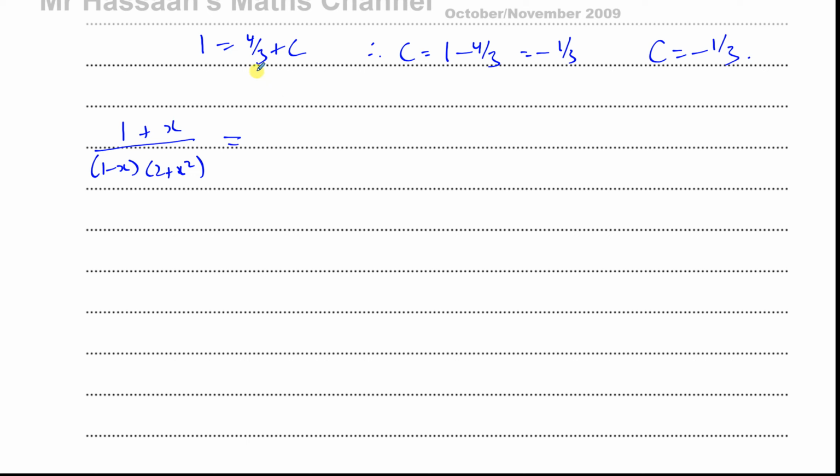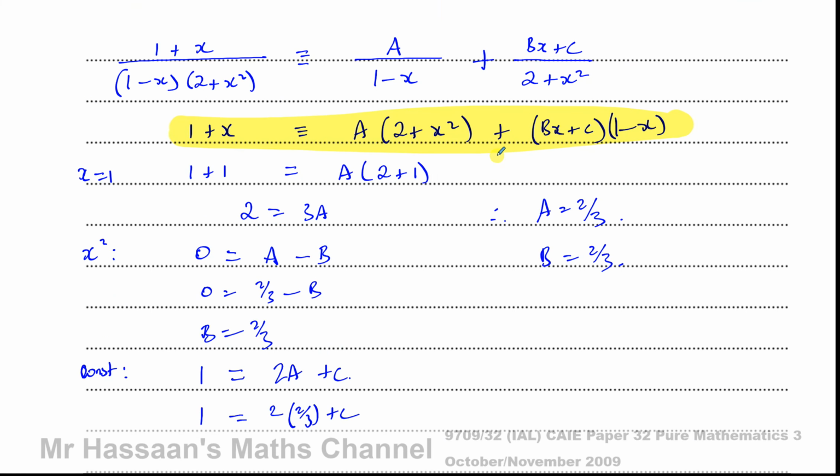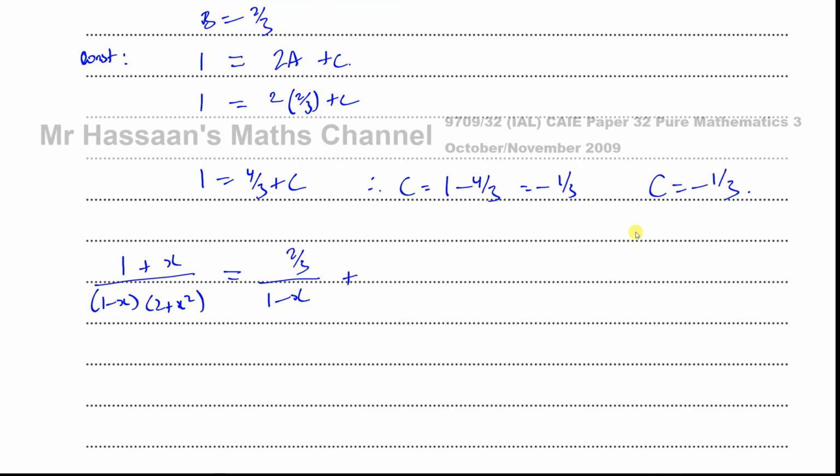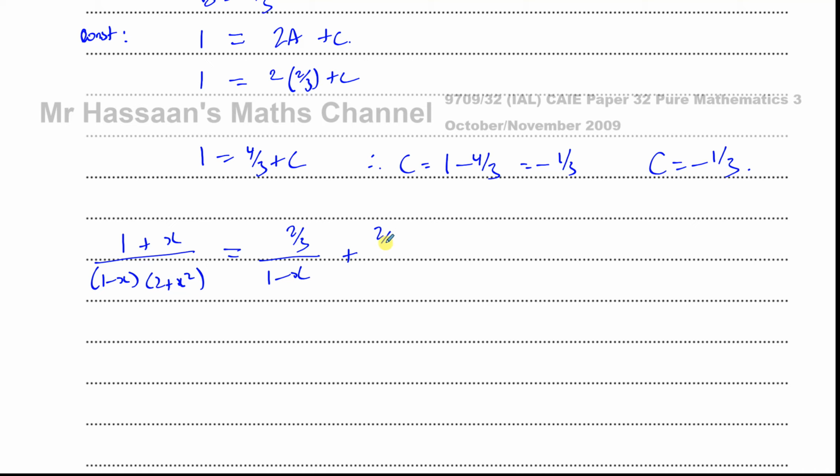So I'll write it like this first. So you have 2/3 over 1 minus x plus bx plus c, which is going to be 2/3 x minus 1/3, over 2 plus x squared.